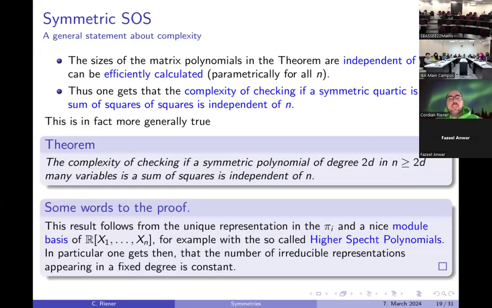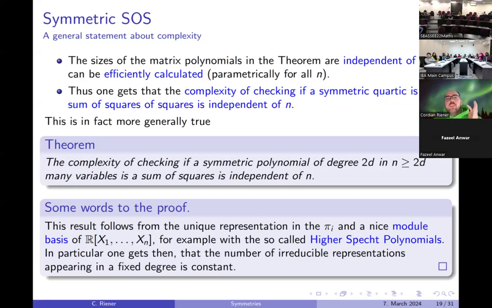Again, the proof of this theorem is just finding a unique representation of the PIs. The degree of my polynomial already tells me that, because these PIs have a certain degree, and as soon as their degree is bigger than the degree of my original polynomial, they will no longer appear in my polynomial.